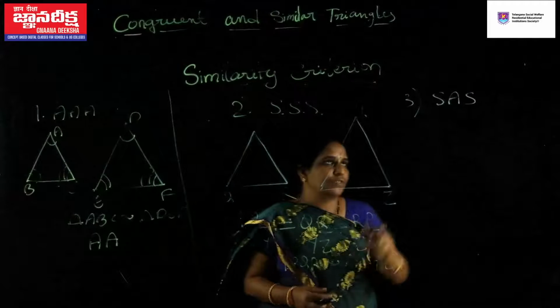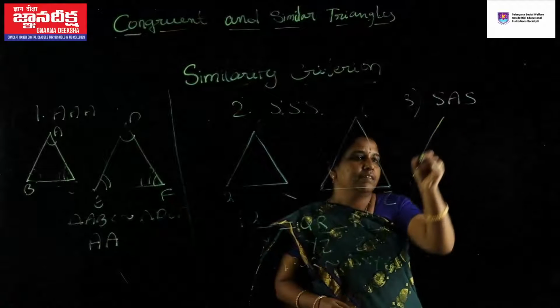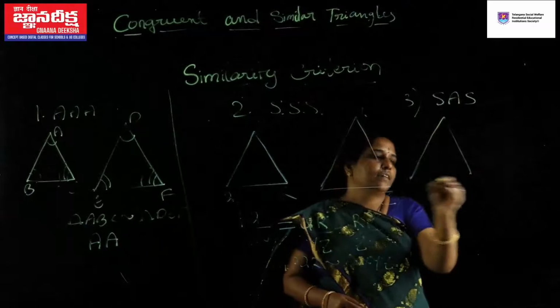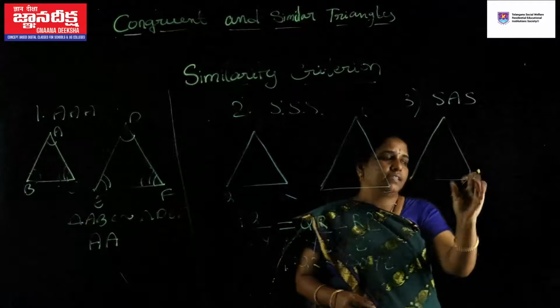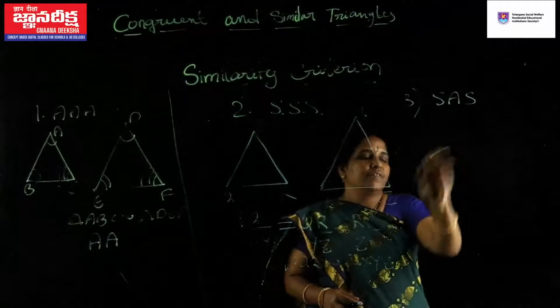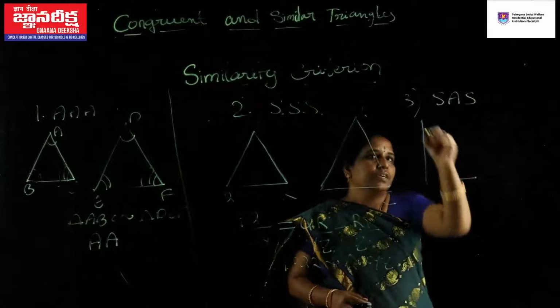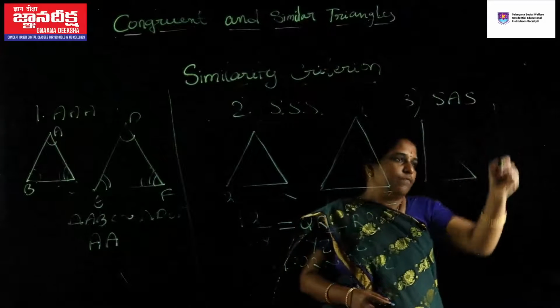Now coming to the last one, SAS. According to this third criterion, two triangles are said to be similar. We can take any type of triangle here. Let me consider here a right angle triangle, one small and one big.